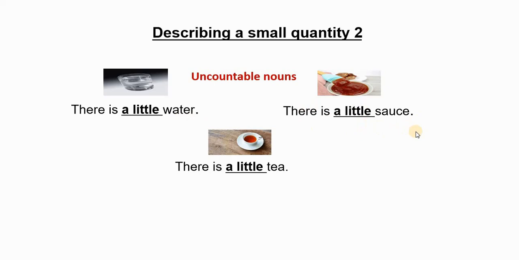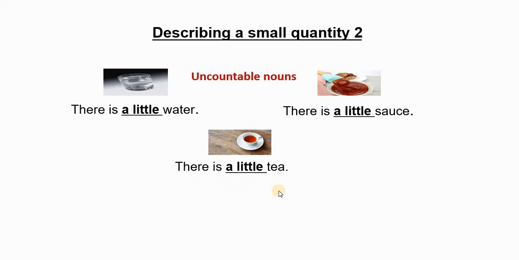The noun stays in the singular. We don't say sauces. And the verb is in the singular form. There is a little sauce. Alright? And the same here. There is a little tea.